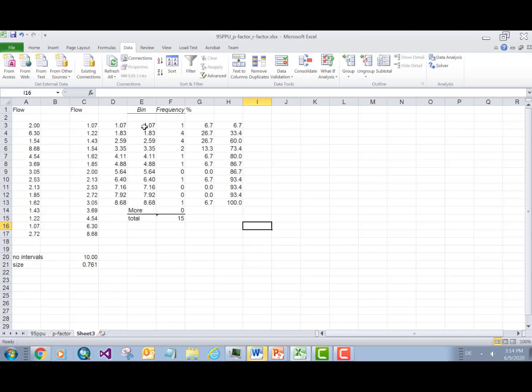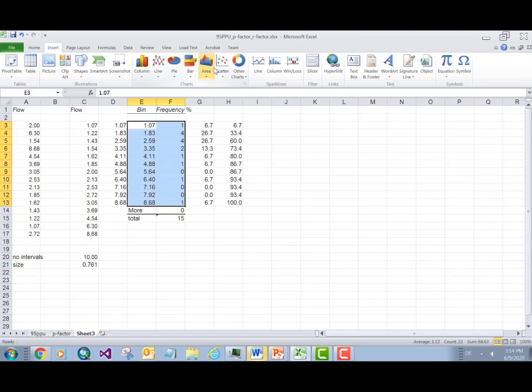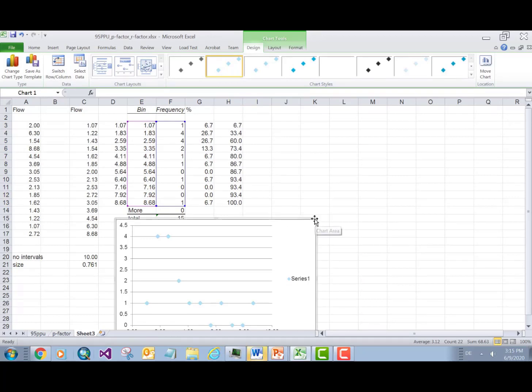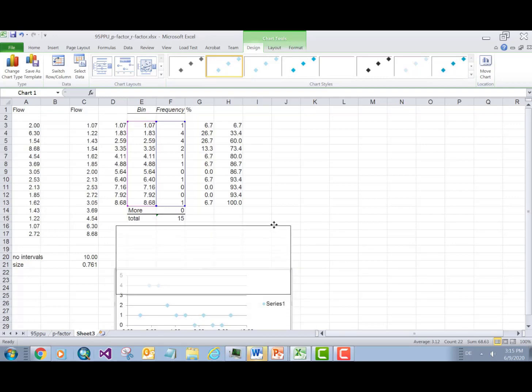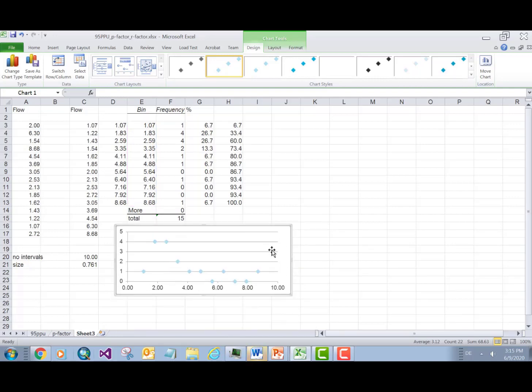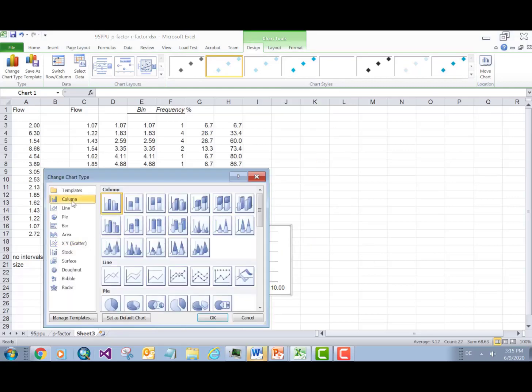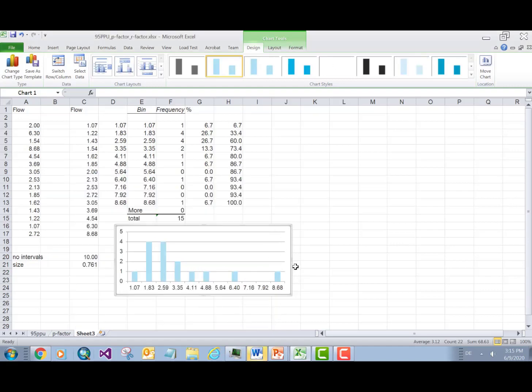So I could plot this maybe. Insert, I have to do it like this. And then we get rid of this, and then I will change the chart type to a column, and there is my frequency distribution.